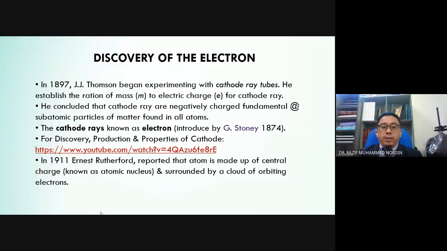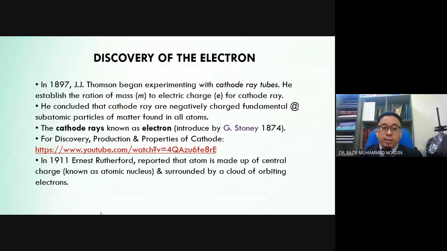And then the discovery of the electron, J.J. Thomson, yang tadi tu gambar eksperimen tu, saya tersilap tu, began experimenting the cathode ray tube, CRT, whereby he established the ratio of mass to electrical charge for cathode ray. He concluded that cathode ray are negatively charged fundamental subatomic particle.